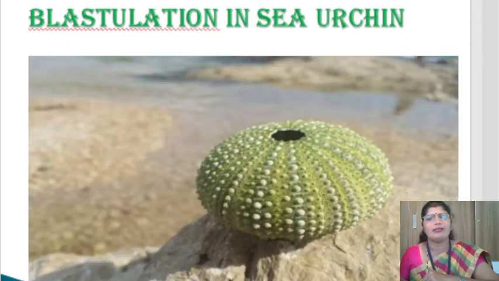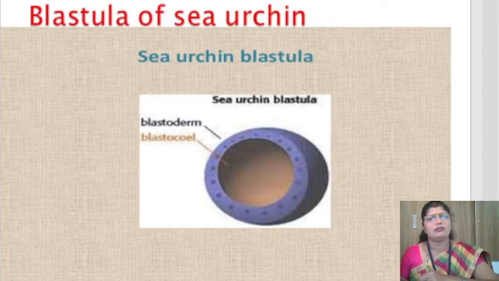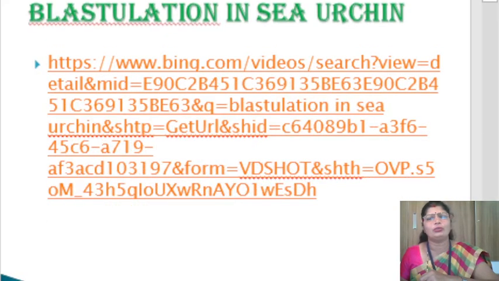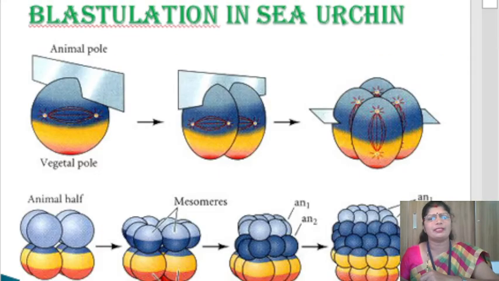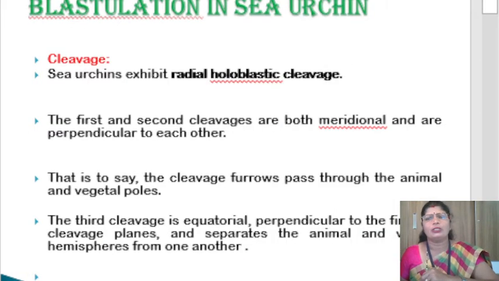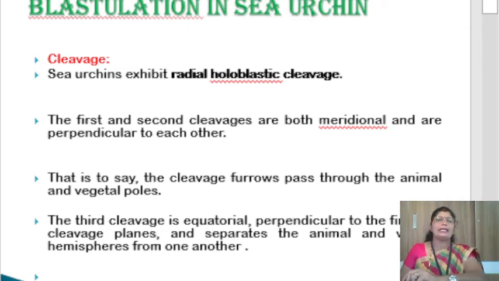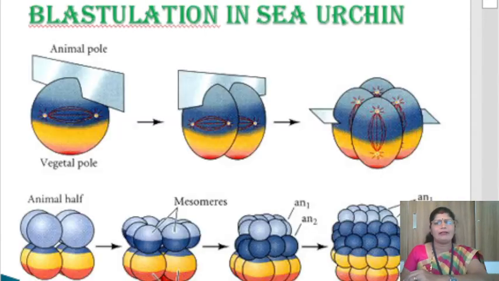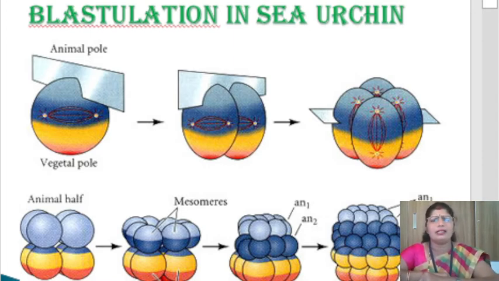We'll see the cleavage. The picture I am showing is of the sea urchin. Before going to the blastula, we will see the cleavage. The first cleavage in sea urchin exhibits radial holoblastic cleavage. In cleavage also we have two types, the complete cleavage and the incomplete cleavage.